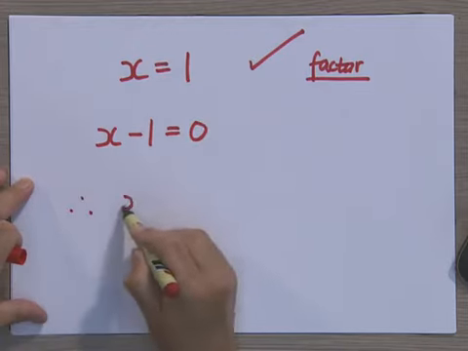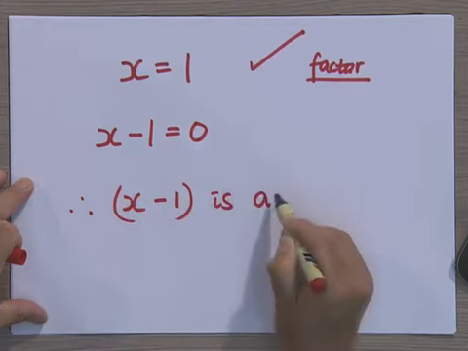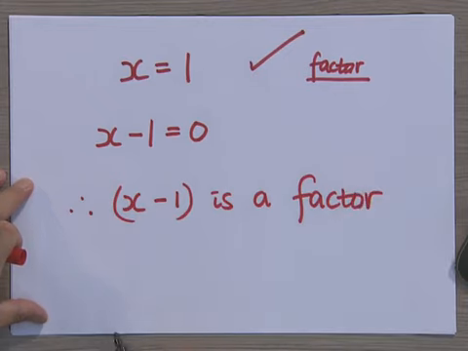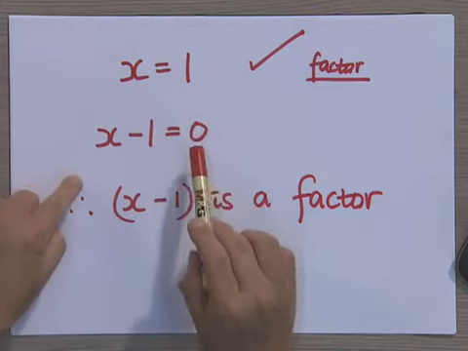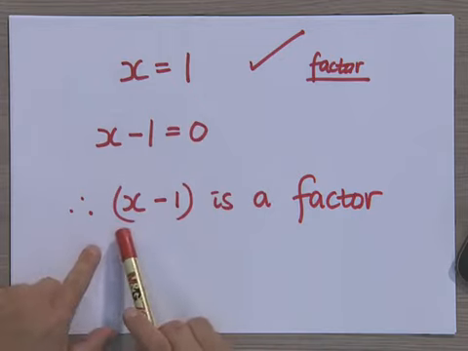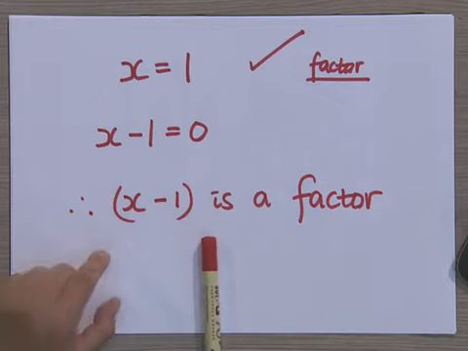Therefore, I can conclude that x minus 1 is a factor of that cubic polynomial. That's a very, very important point. Do you notice? If I substitute x is equal to 1, I take that 1 over, and I write down x minus 1. We need this for the next step.